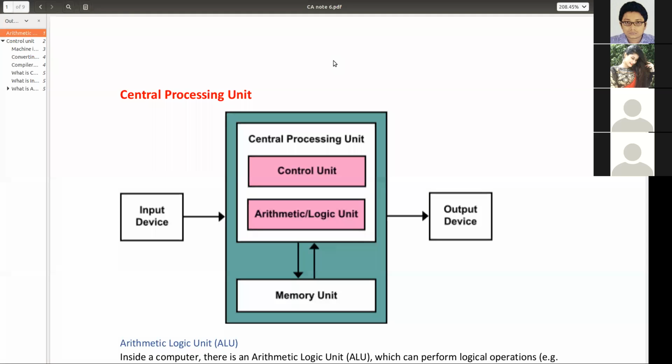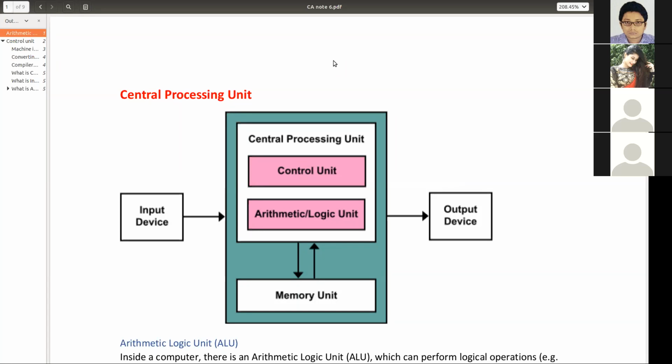One part is the arithmetic unit, another part is the logic unit. As a whole, we say arithmetic and logic unit. Now, the arithmetic unit is responsible for all the mathematical operations: addition, subtraction, multiplication, division, any arithmetic related operation is done by this arithmetic unit.